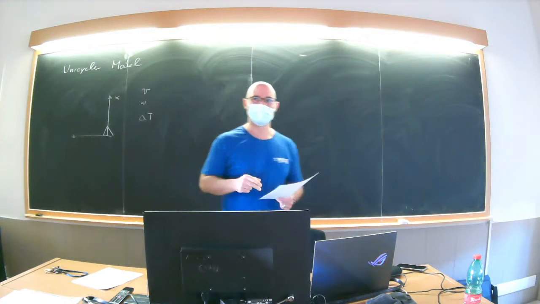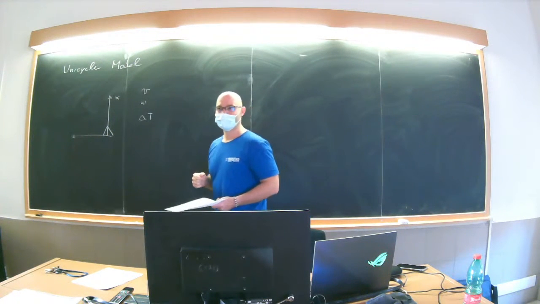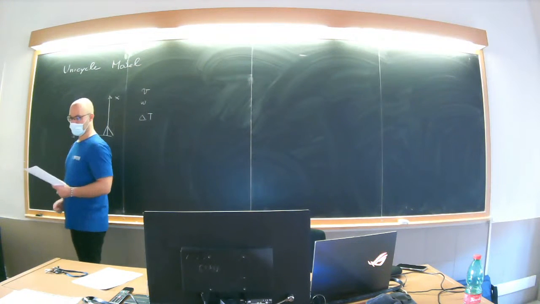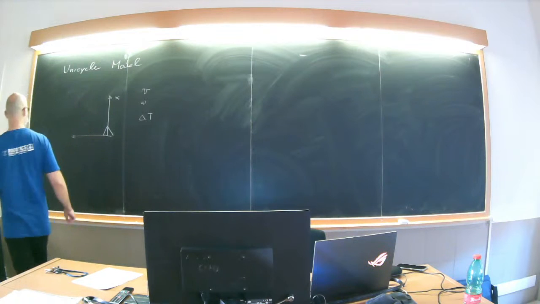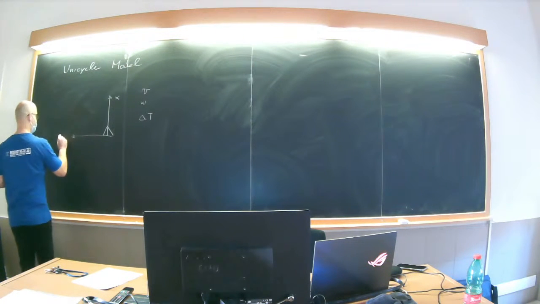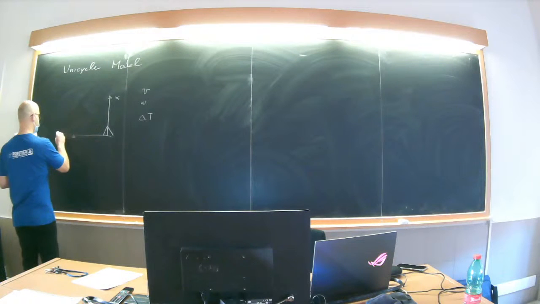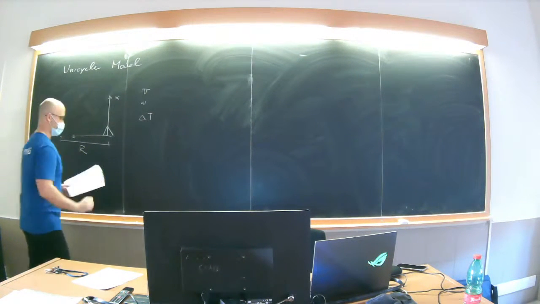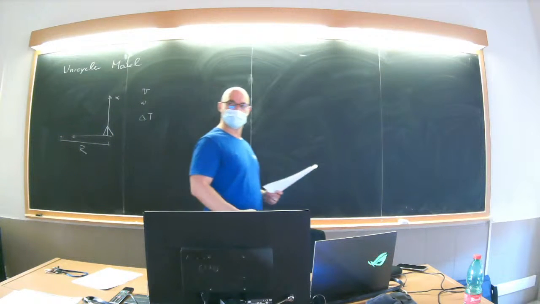I don't know how you say it in physics. And I'm constrained to move along an arc of a circle, right? Let's say that the radius of this circle is, let's call it r, okay?